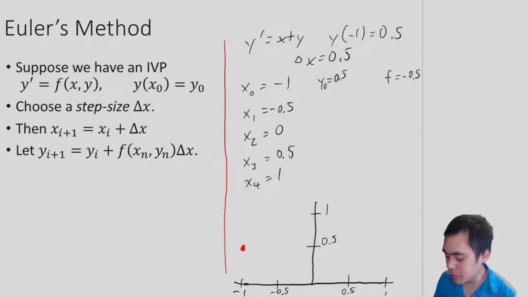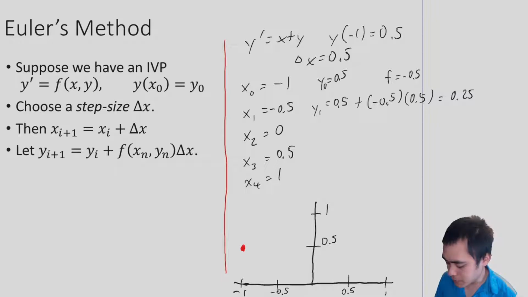And then for the next point, you just sum all those things together. So if y0 is equal to 0.5, then y1 is equal to 0.5, where you were, plus the slope, so that's minus 0.5, times the step size, 0.5, and that's going to give you 0.25.